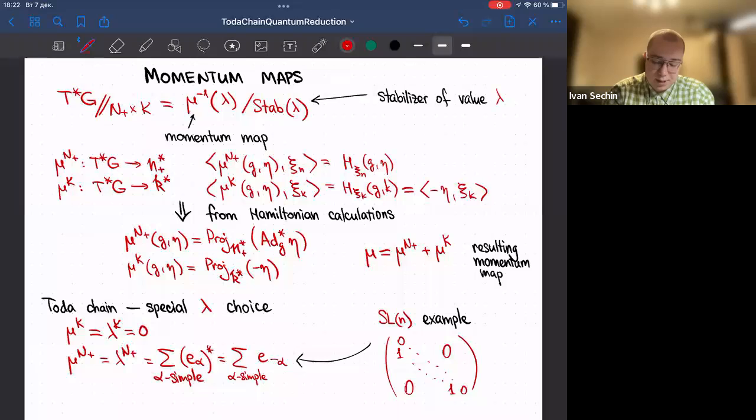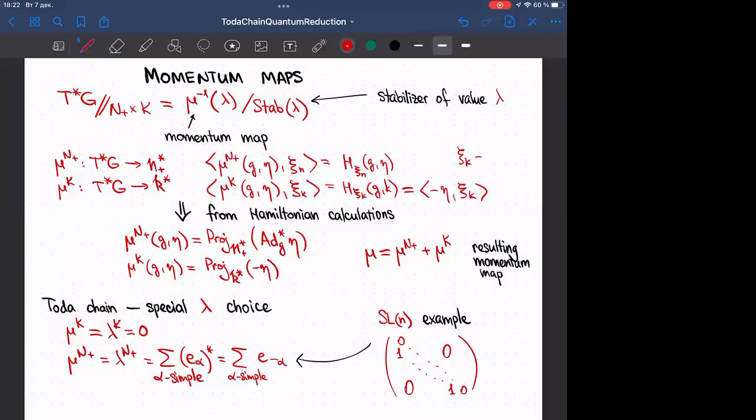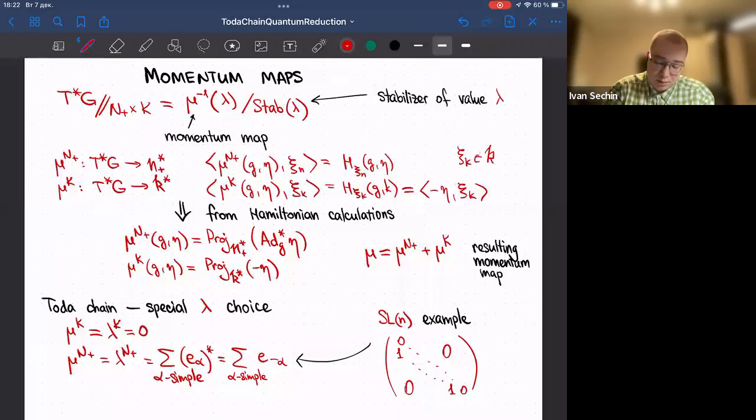And psi k is from the Lie algebra K, which is a subset of G. But our eta is from the dual to the whole algebra.